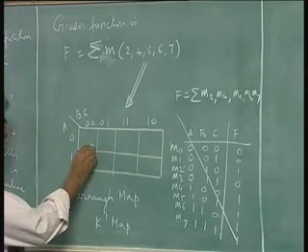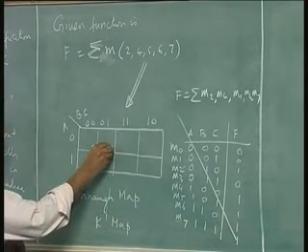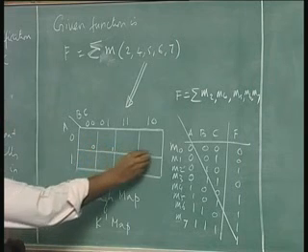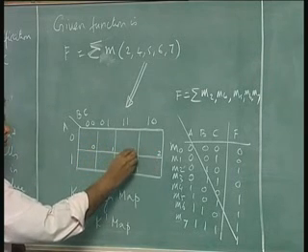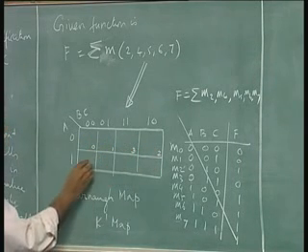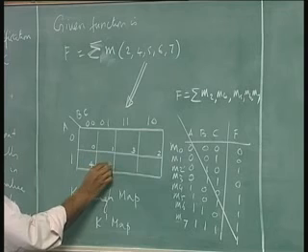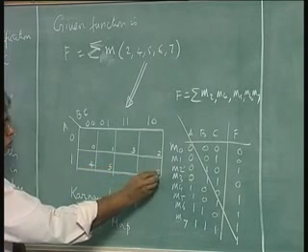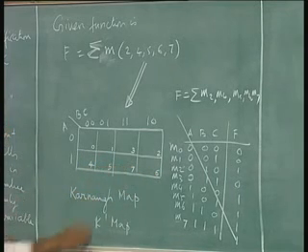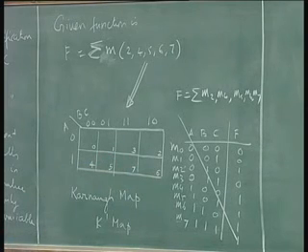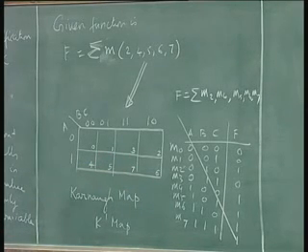This is minterm number 0, 1, 2, 3, 4, 5, so that you won't make a mistake in the beginning, and later you will know all this by experience.